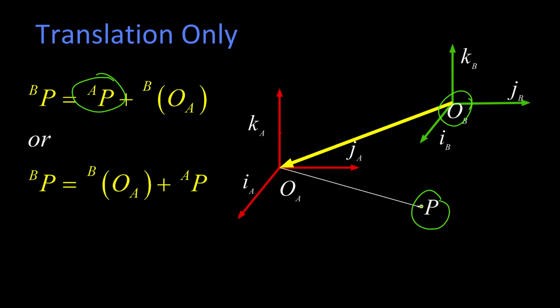And it's handled very simply by saying the location of P in B is just the location of P in A plus the location of the origin of A expressed in the B frame. All right? And so that equation just gives us that new offset. And this O_A in B, that's just a 3-vector. That's the offset of the origin of A in the B frame. I told you this was ugly, but we have to slog through it.